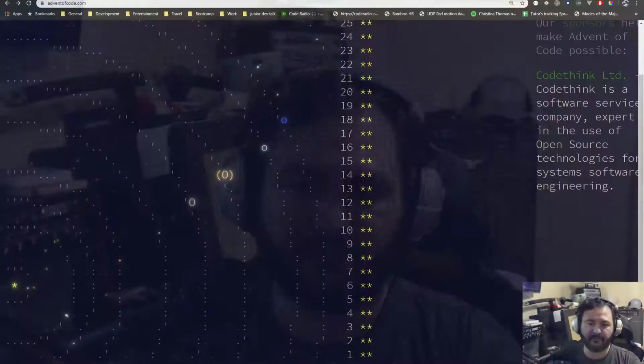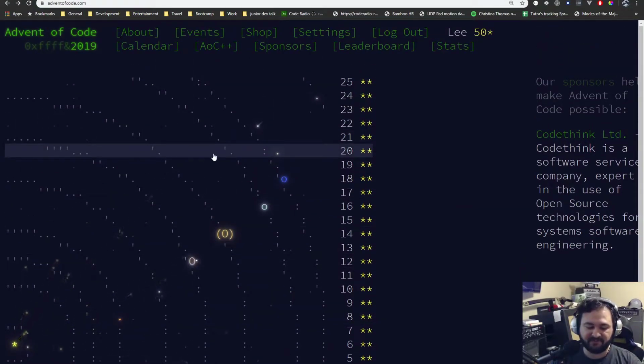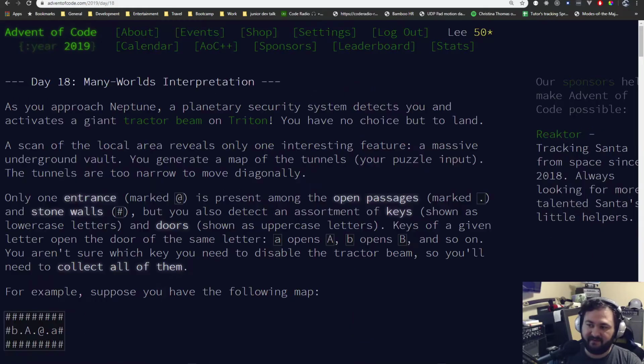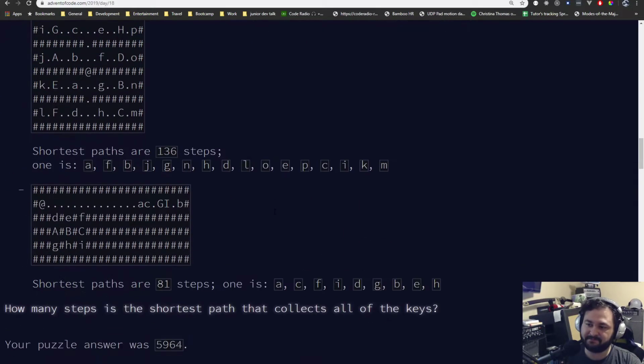And then as far as algorithms, there were a couple of days that really required those different algorithms. One of them was Dijkstra's. So day 18, which was a maze puzzle.